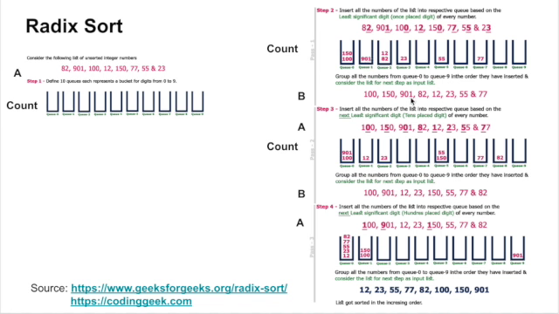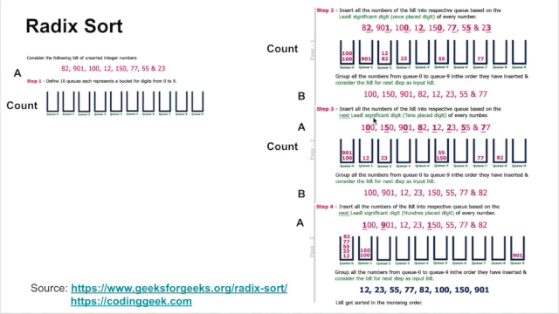Then we have 901, 82, 12, 23, 55, and 77. See that here all the elements are arranged on the first digits, increasing: 0, 0, 1, 2, 2, 3, 5, 7.